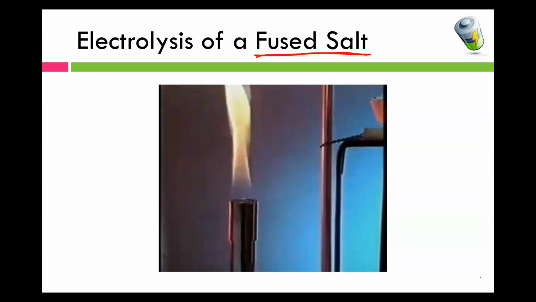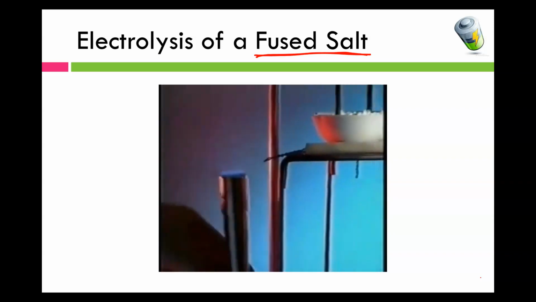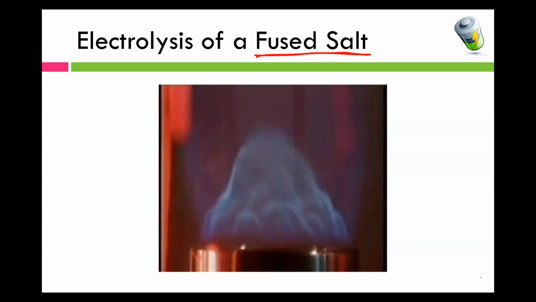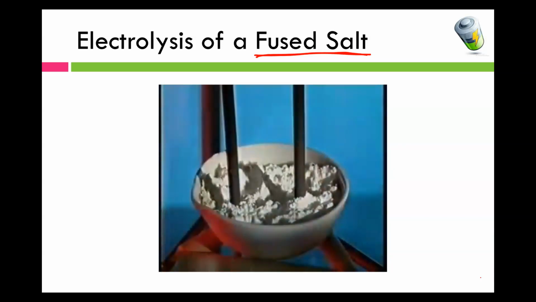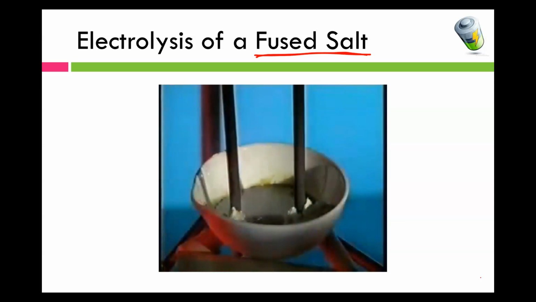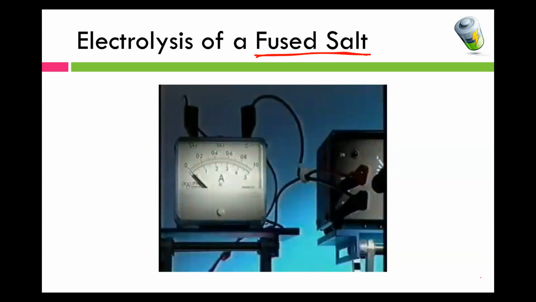Solid lead bromide doesn't conduct electricity. It needs to be molten. Lead bromide melts at 370 degrees Celsius. Switch on now, and a current flows.